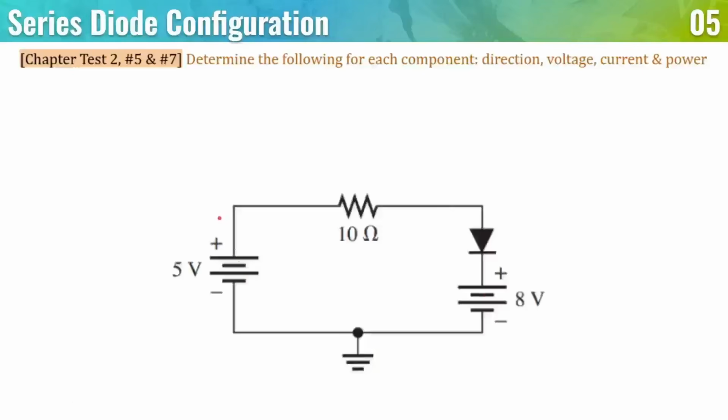So first, if there are multiple voltage sources, it's best to start with the node voltages. Here, we know that this is ground, so this is 0 volts. This is 0 volts here and 0 volts here.